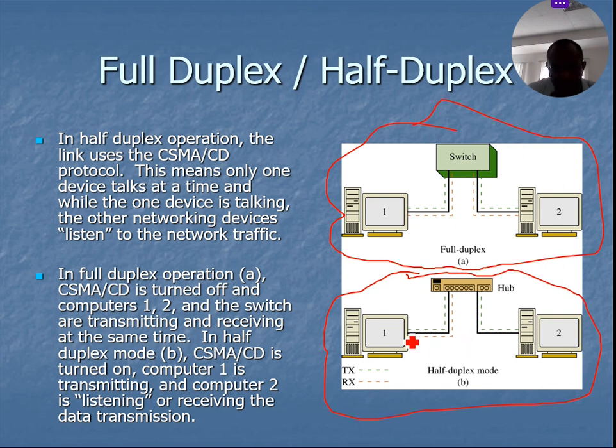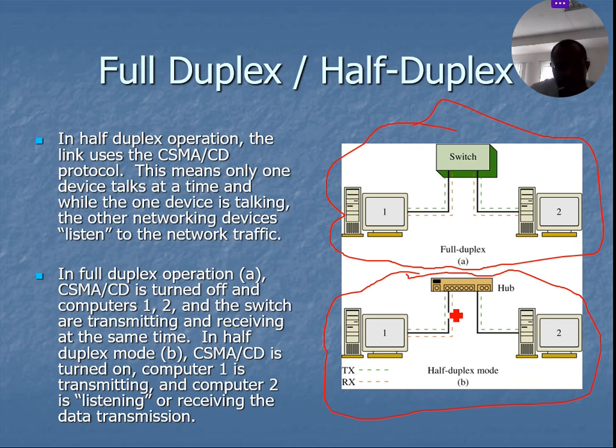Let's say computer 1 is talking to the hub and receiving from the hub, but the other computer is just listening and cannot transmit. So this is called half duplex mode.